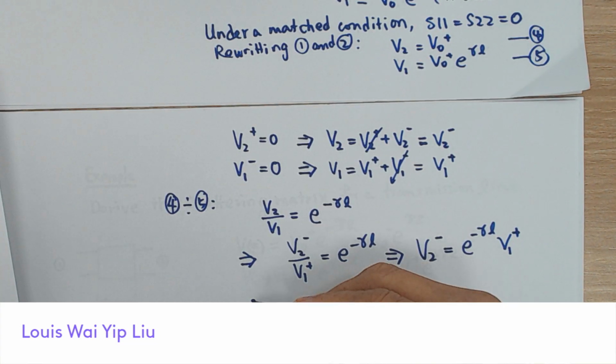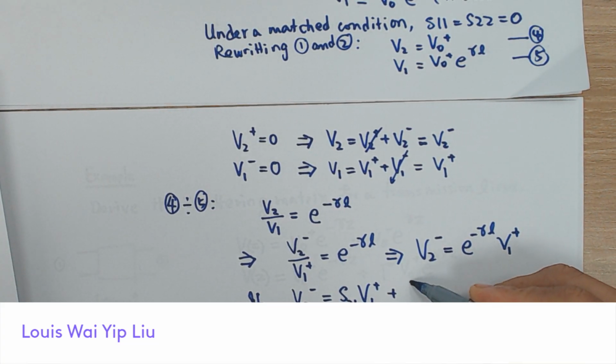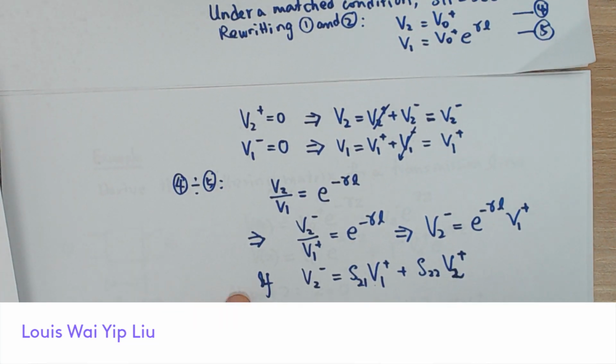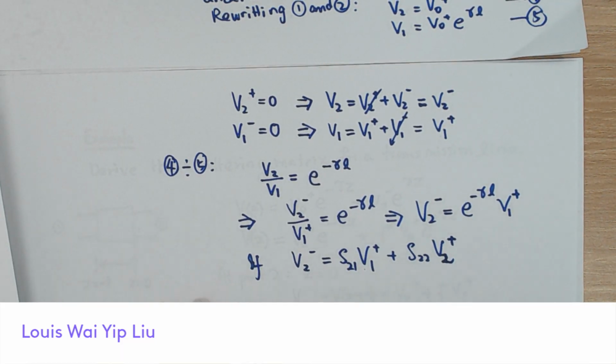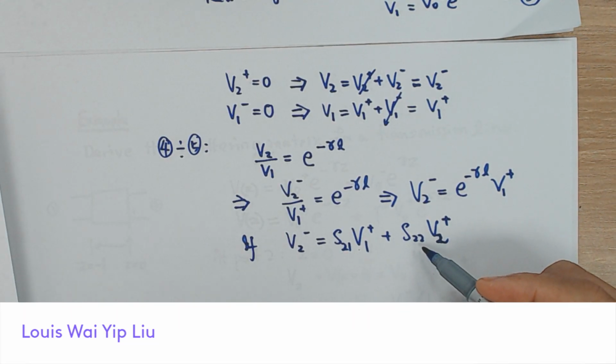If V2 minus is equal to S21 V1 plus and then S22 V2 plus, sorry, so this is the equation from the S matrix.